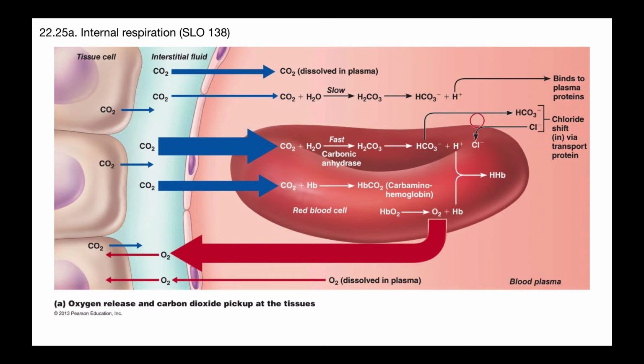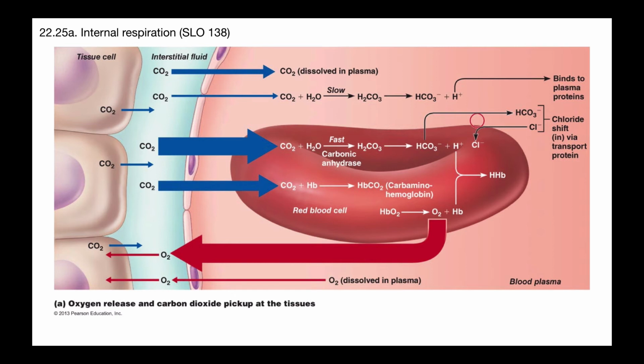If you look at oxygen first, we see oxyhemoglobin will dissociate into oxygen plus hemoglobin, so it's a naked hemoglobin. Most of that oxygen can leave really quickly out that route, and then it slows down a little bit once it gets into the interstitial fluids, just because it doesn't have a carrier molecule there, and gets to the working cells. Similarly, there's a little bit of oxygen dissolved in the plasma, and that can move straight across as well.